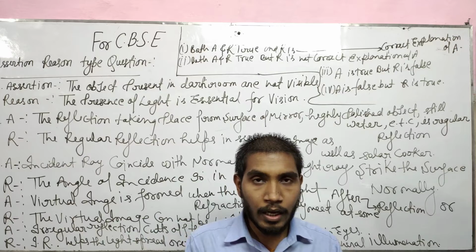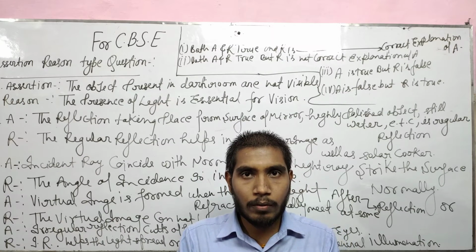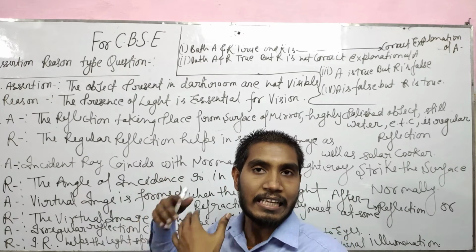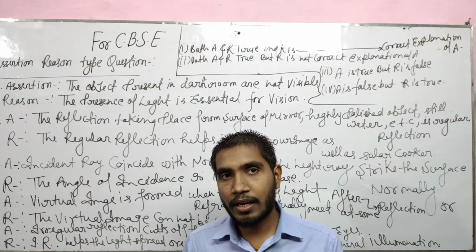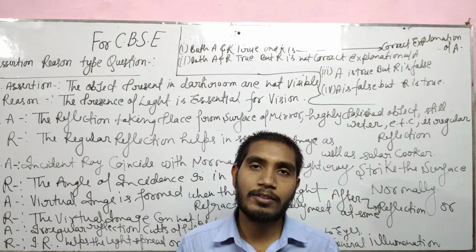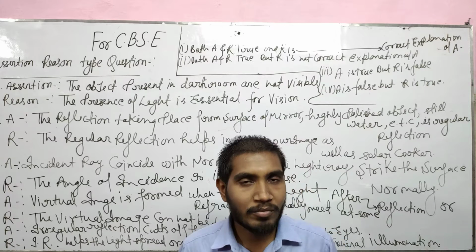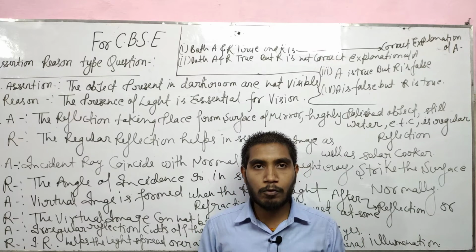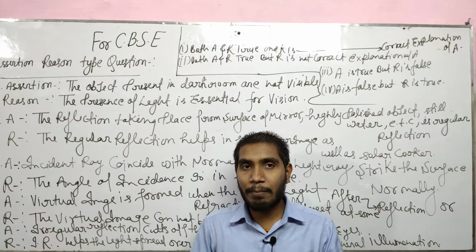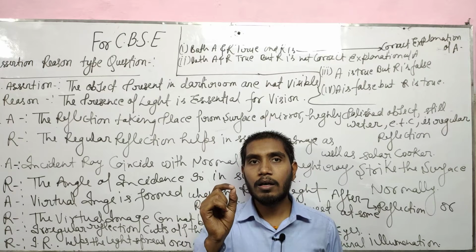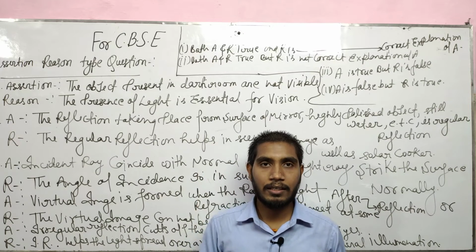I will do the process to solve this assertion reason type question, and you will understand it. In this type of question, many questions are given, labeled assertion and reason.